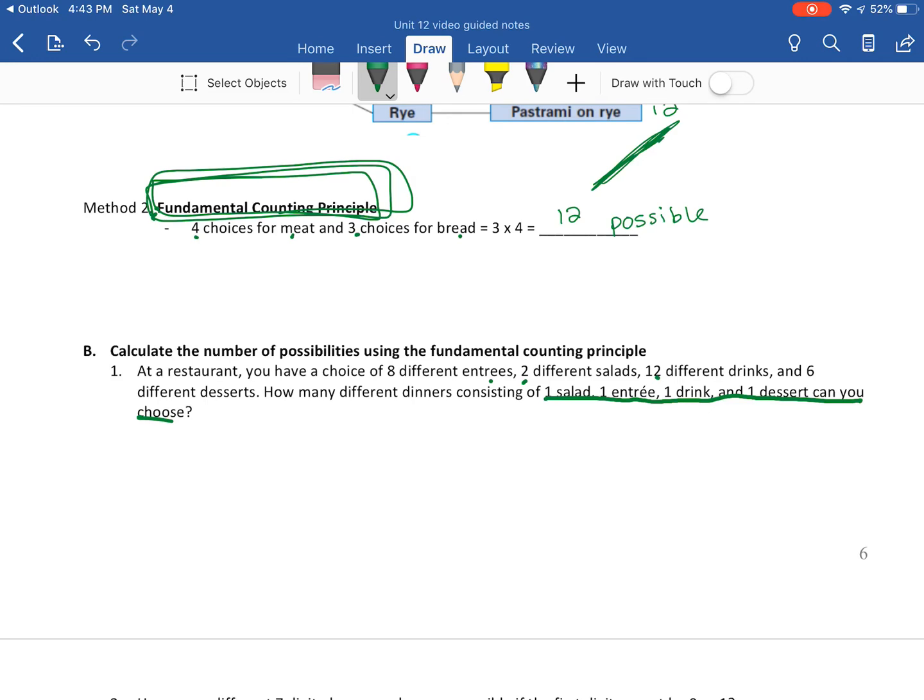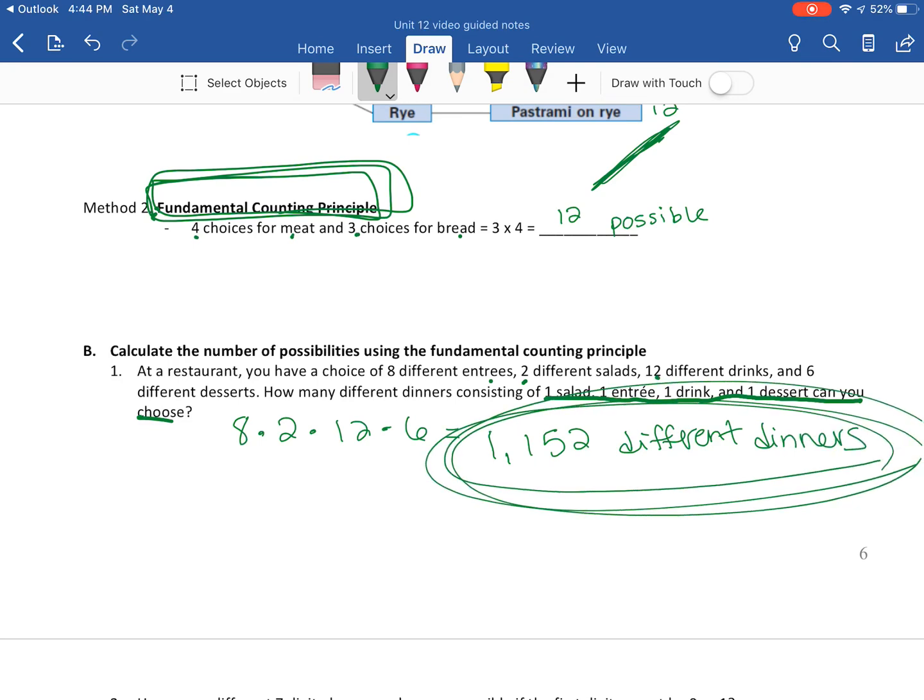Well, based on the fundamental counting principle, we're just going to multiply. 8 entrees times 2 salads times 12 drinks times 6 desserts. When we multiply that together, that tells us that there are 1,152 different dinners you could order at this restaurant. Okay, and that would be the number of possibilities in this particular situation.